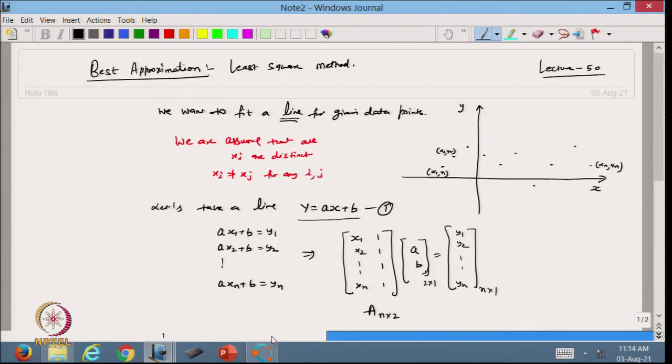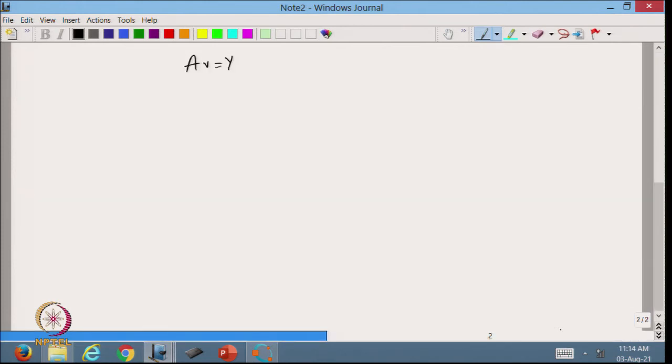Now, from here if you see, the second column is 1 1 1 and the first column is x1 x2 x3, and all these are distinct. So I can say that the rank of A is 2.